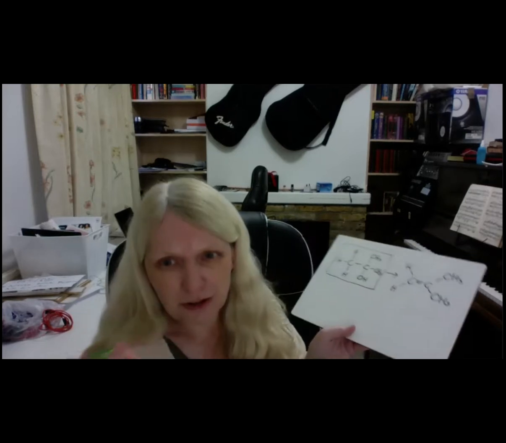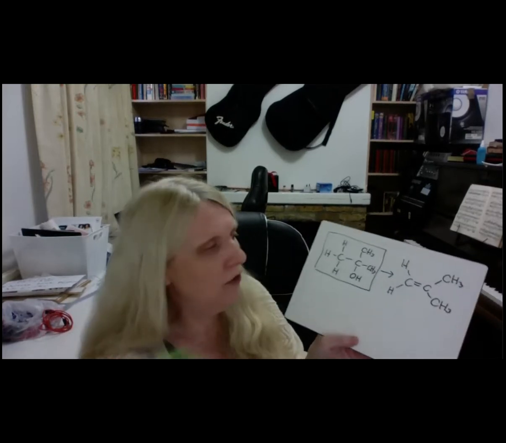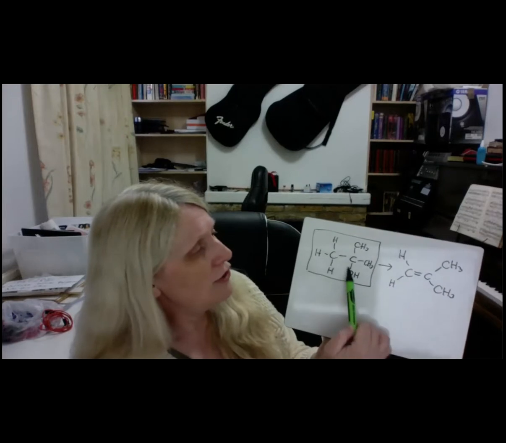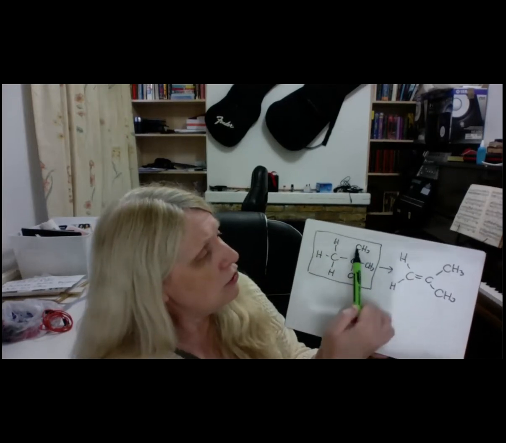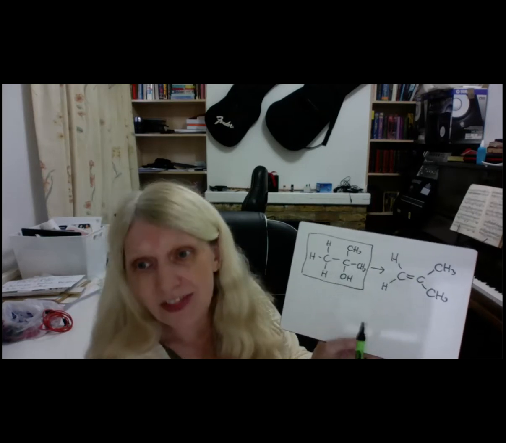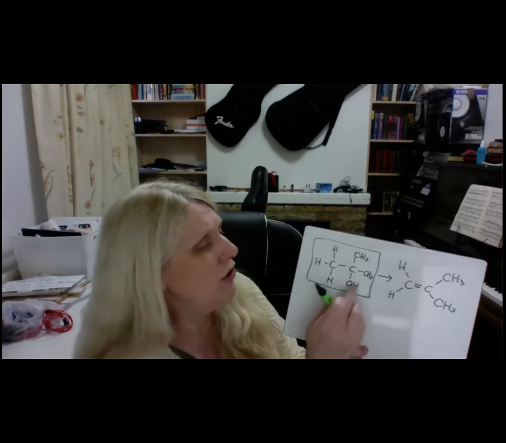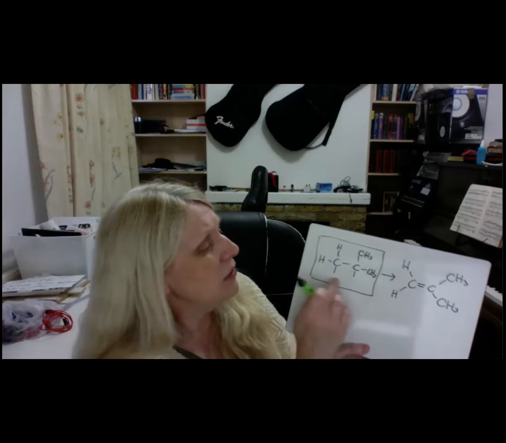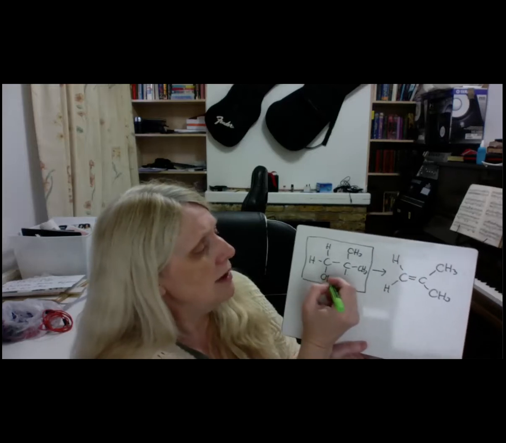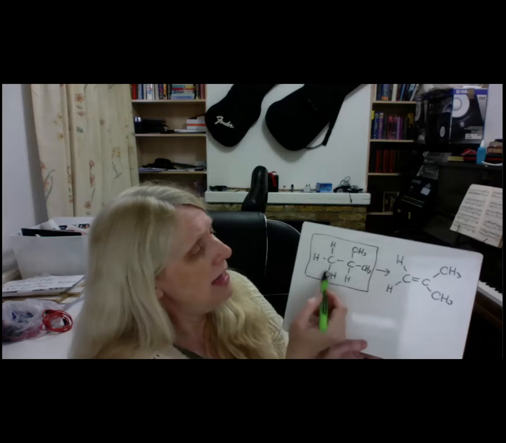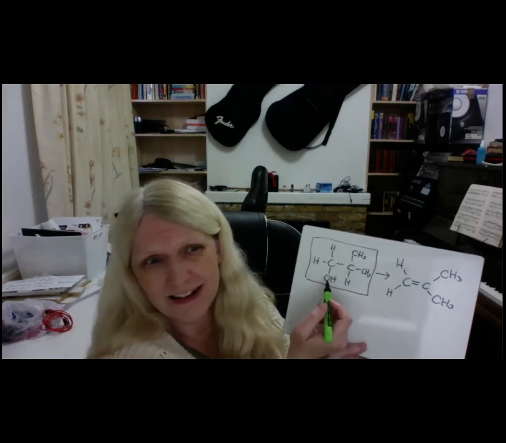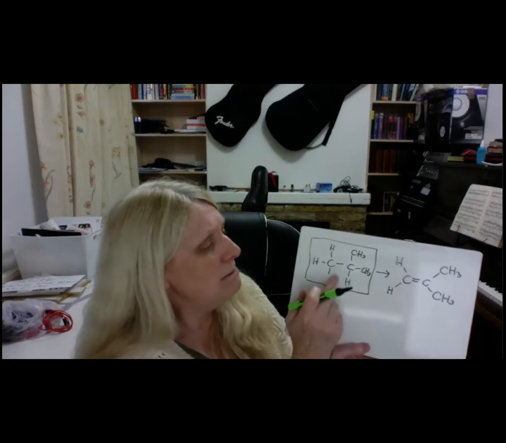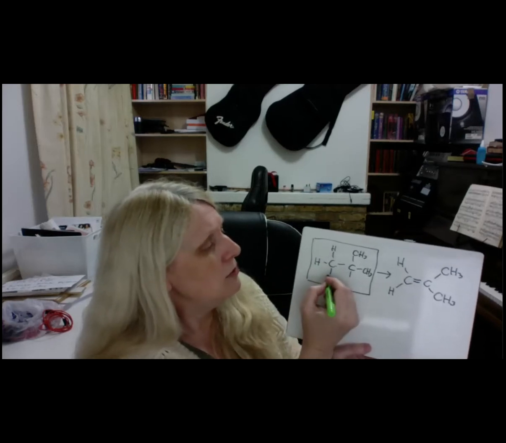Okay, I'm assuming you got it right. Tertiary alcohol. So if I've got the OH on this carbon, can you see that that carbon is attached to 1, 2, 3 other carbons? So this one is a tertiary alcohol. If I had done it the other way round, so if the OH was there and the H was there, this would be a primary alcohol and it would oxidize. So we know it can't be that one. So it has got to be this one.